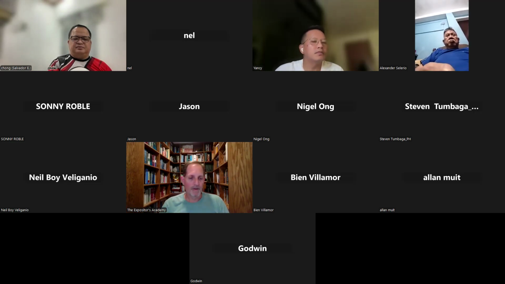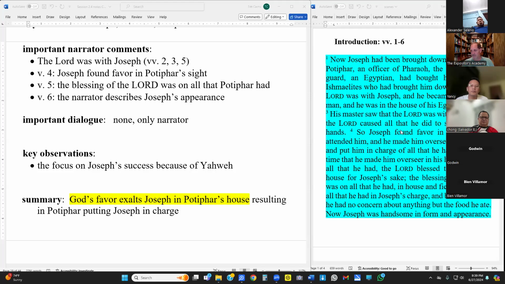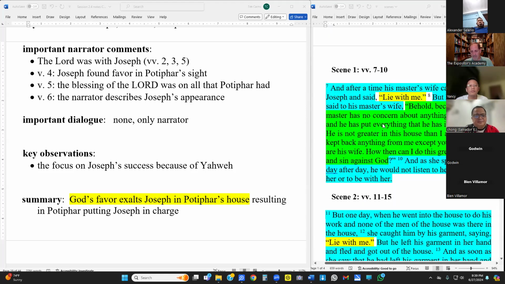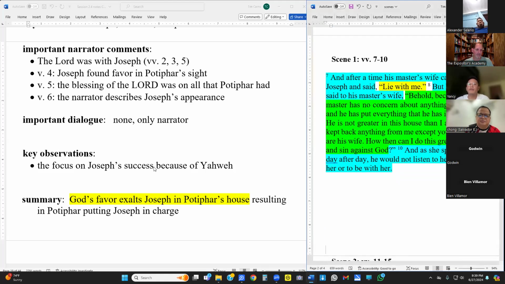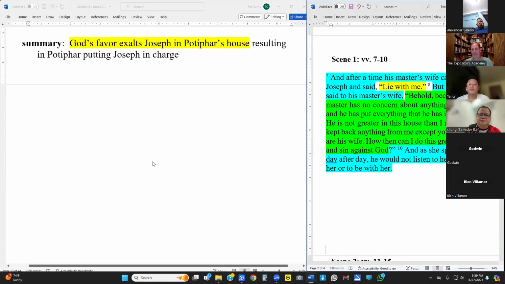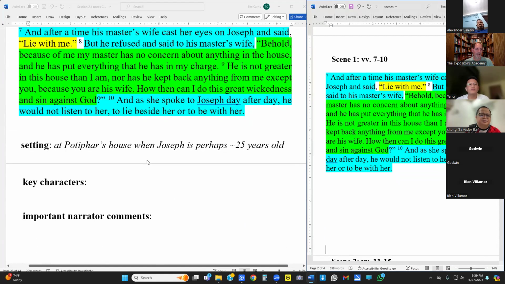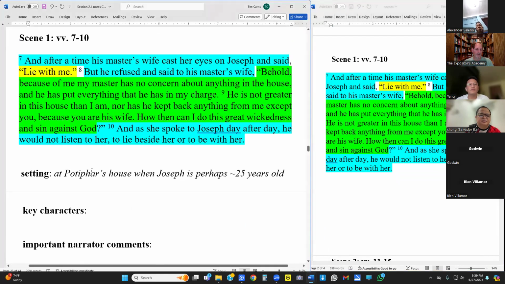Okay, that was a good question. Let's take a look at the second scene here, or really the first scene. Scene 1, the introduction, verses 1 to 6. The first scene of the story is now we are at Potiphar's house still, and this is towards later, when Joseph's maybe 25, 26 years old.